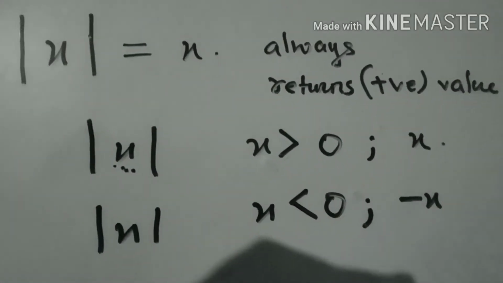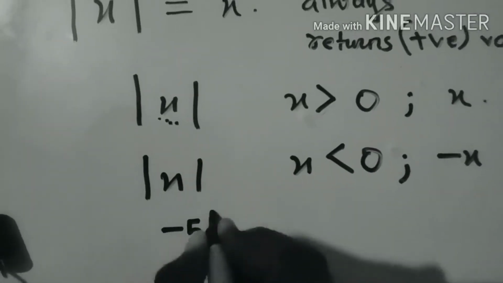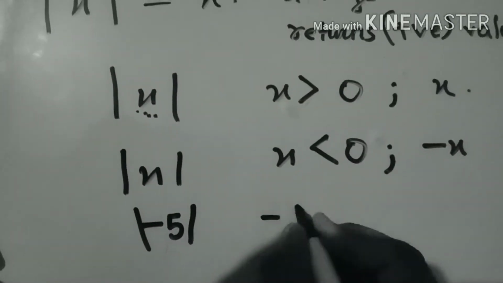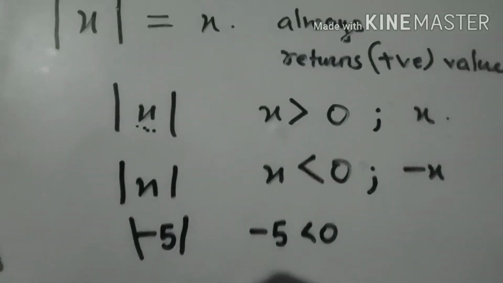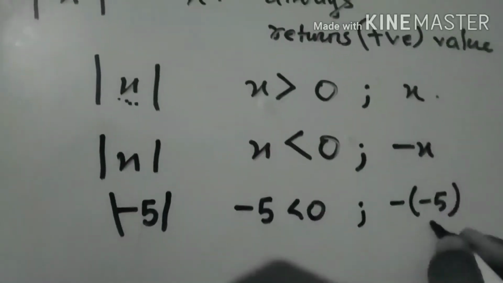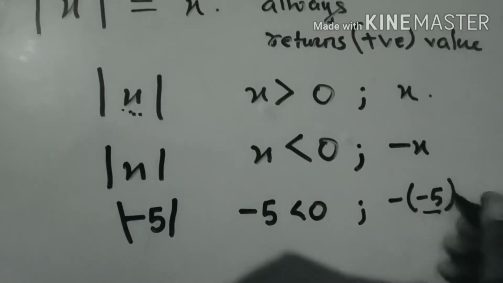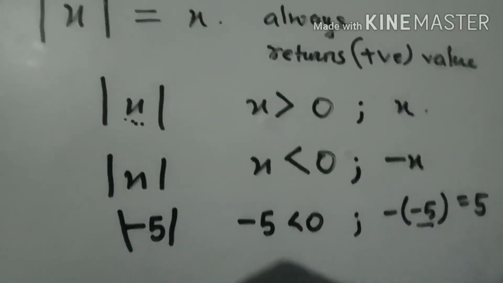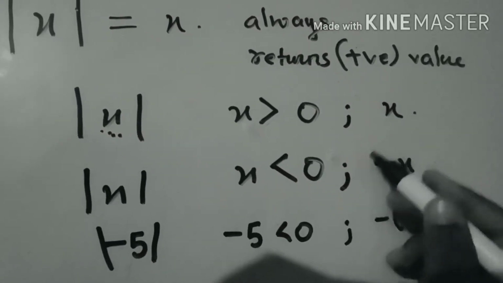Now you'll ask how? If we take x to be minus 5, and we know minus 5 is smaller than 0, then the value which modulus of minus 5 will return will be minus x, because x here is minus 5. So when we put a minus outside, it will be converted to 5. Usually students are confused about why we write minus x.